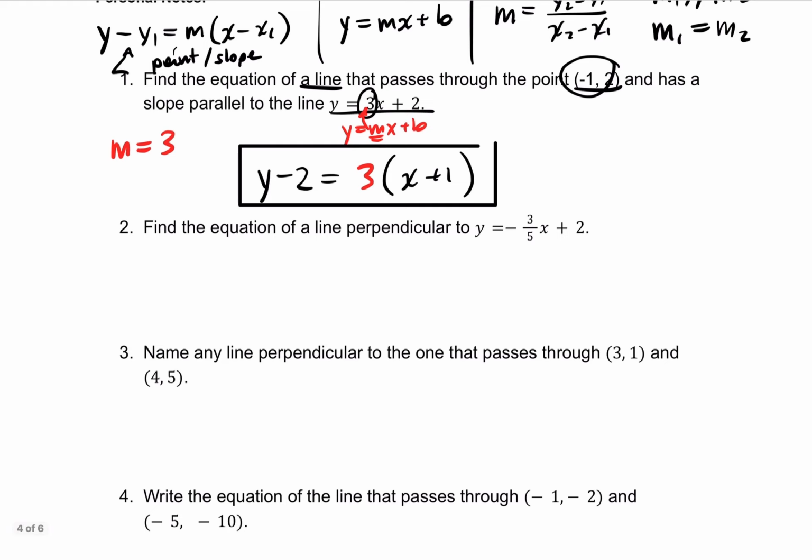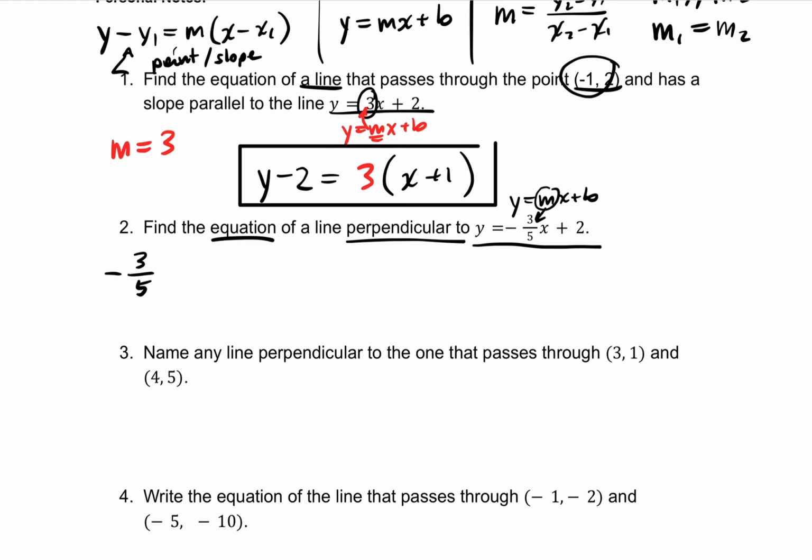To find the equation of a line perpendicular to this one, same thing. We want to find the equation of a line, except it's perpendicular to this line given. This one is in y equals mx plus b form, m corresponding to the slope, so the slope is negative 3/5.